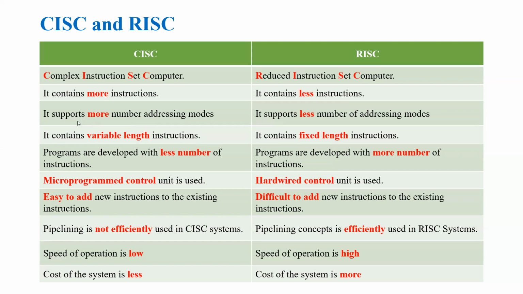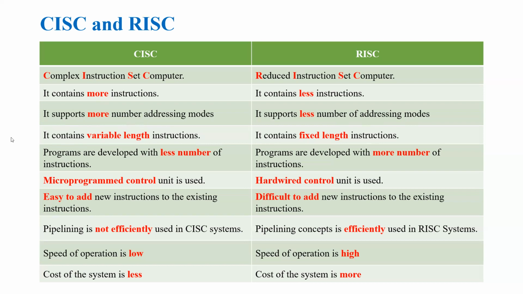Why does it have more instructions? Here is a point: it supports more number of addressing modes. Once it supports more addressing modes, we can represent an instruction in different possible ways. But coming to RISC, it supports fewer addressing modes.